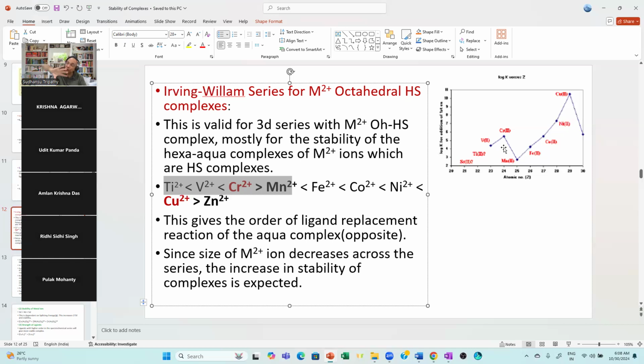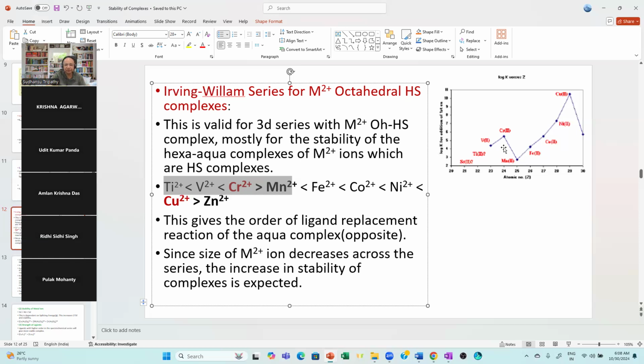So you will know that both chromium D4 high spin and D9, there is no high spin, low spin word applicable for D8, D9, D10. So D9 and high spin D4 have a JTD, and JTD is very minimal in chromium 2 plus, that is D4, very high, severe in D9.